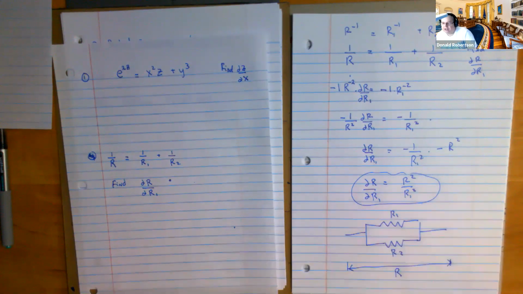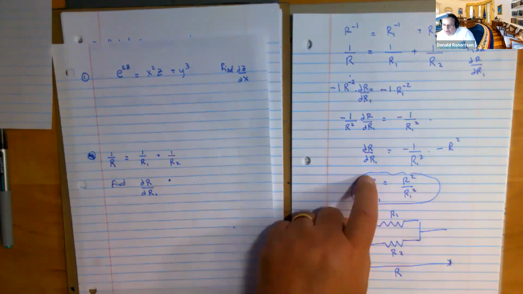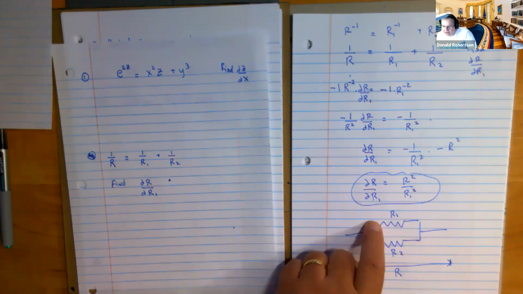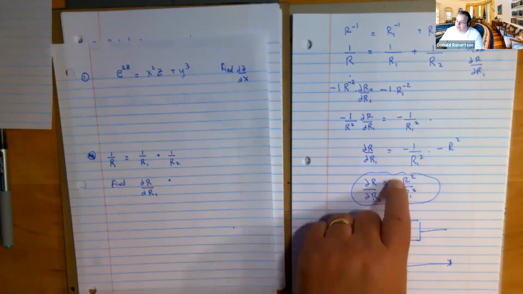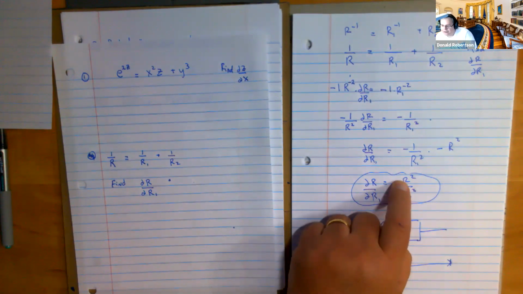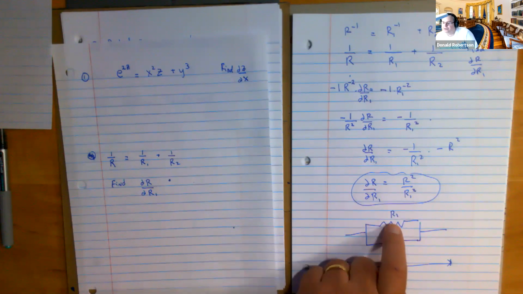So what's this saying? It's saying the rate at which the total resistance is changing if you only vary the R1 resistor, so how much it's increasing or decreasing, is whatever the total resistance is squared divided by the resistance on R1 squared.